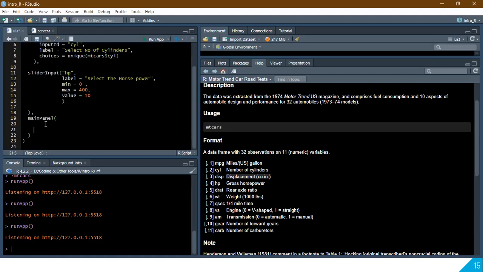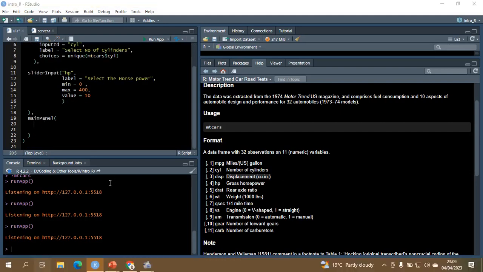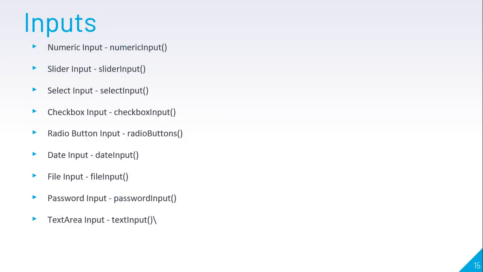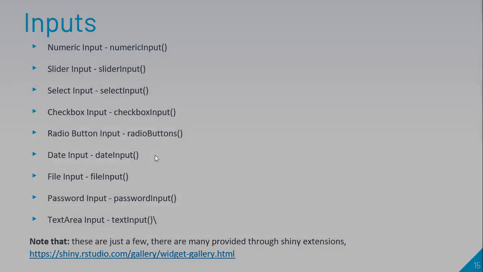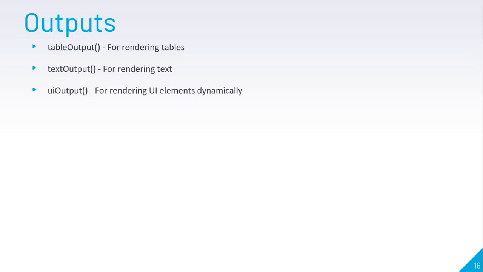So now we come inside the main panel and define the output. There are very many types you can use; these are the most common ones. How do we define the placeholders for outputs? If it is a table, we use table output. We use text output if it's text.